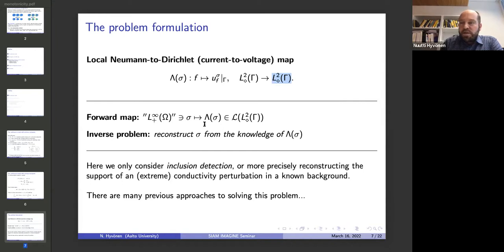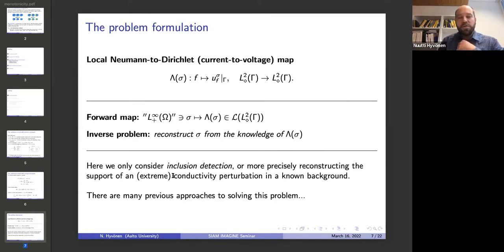And the forward map for electrical impedance tomography, or its idealized version, is the mapping from sigma, where I have quotation marks because I also include these extreme inclusions in the equation. In the standard setting, you would say that you are looking at conductivity that is positive and in L infinity, and the forward map takes that onto the Neumann-to-Dirichlet map, a bounded linear operator, even compact, from L2 diamond on gamma to itself. And the inverse problem is to reconstruct sigma from the knowledge of this lambda.